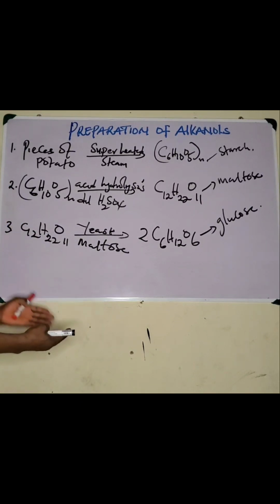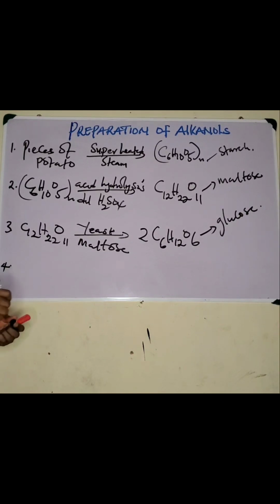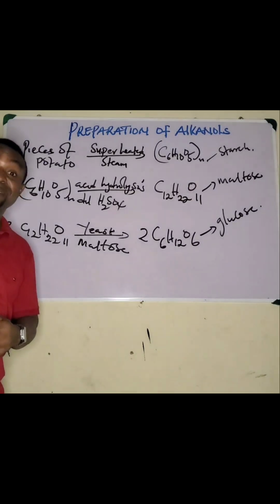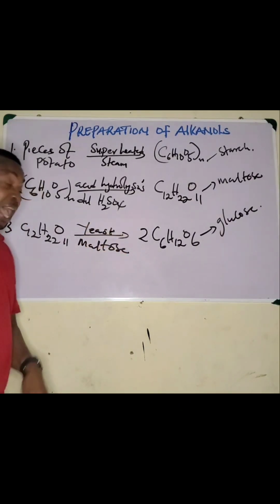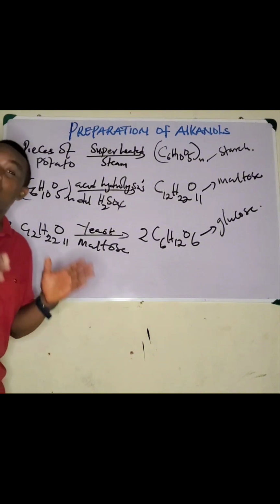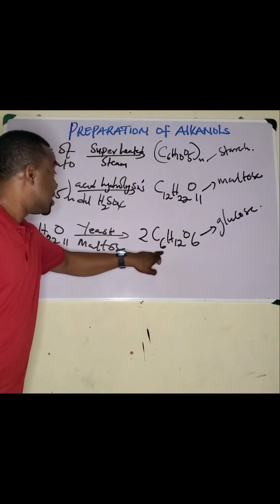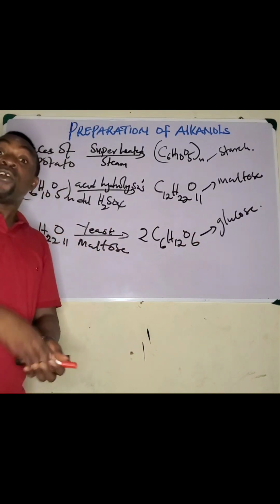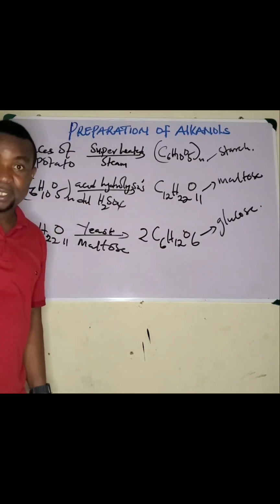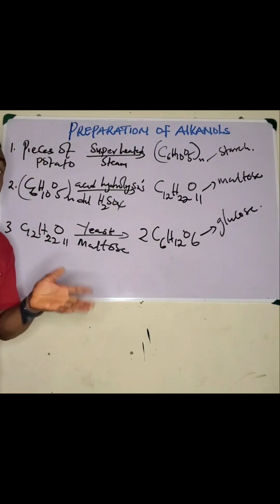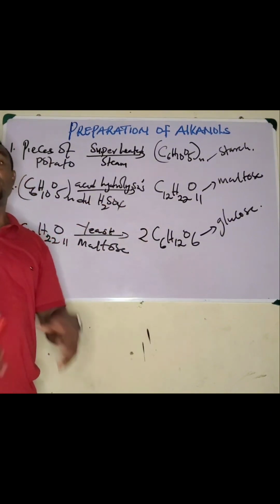The fourth stage here, because it is not the last stage in the alcohol production, is where the enzyme known as zymase comes in. This zymase brings about alcoholic fermentation of the simple sugar, C6H12O6, or glucose, for about 3 to 4 days.